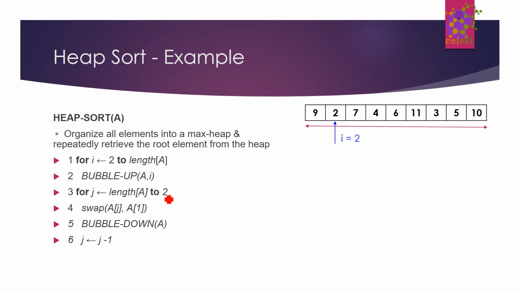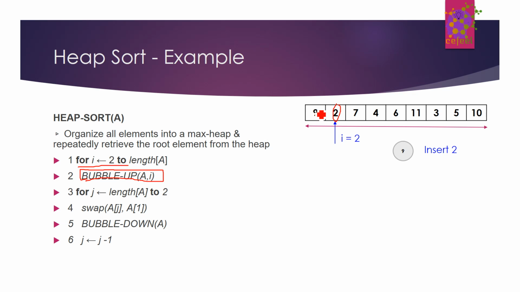Step 1 starts with i equals 2 to length of A, so the first i points to 2, the second element. So this is the value 2, and then we will call bubble up on A[i], which means we will insert the element 2 into the existing heap, which is nothing but only element 9. So let's now do that.